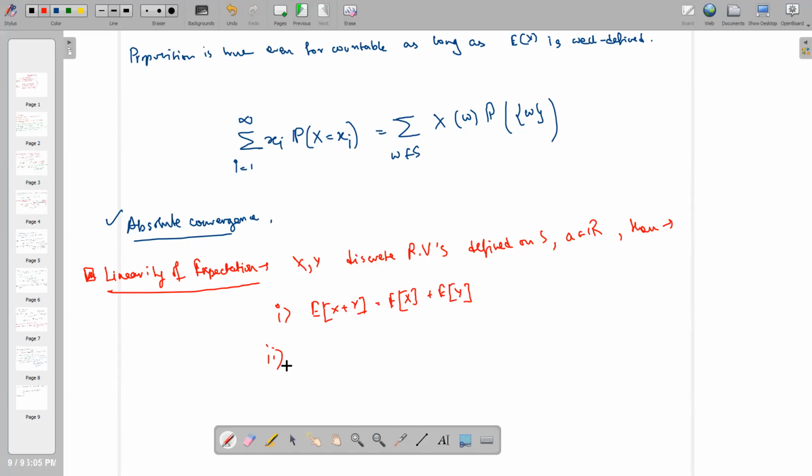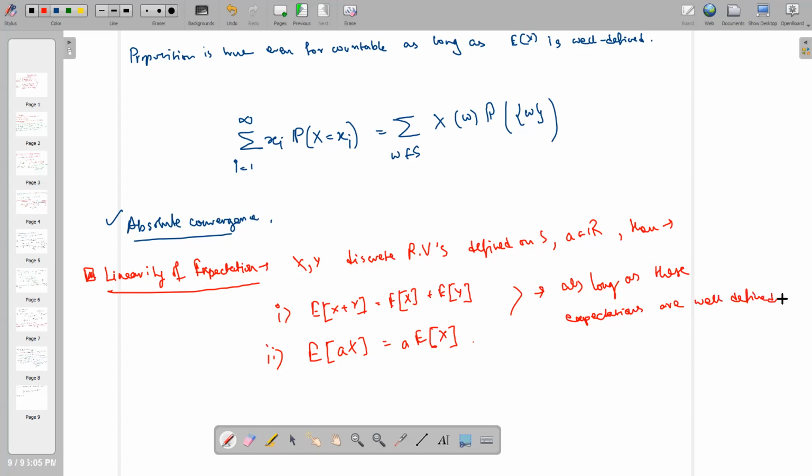And expectation of aX is equal to a times expectation of X, as long as these expectations are well defined.